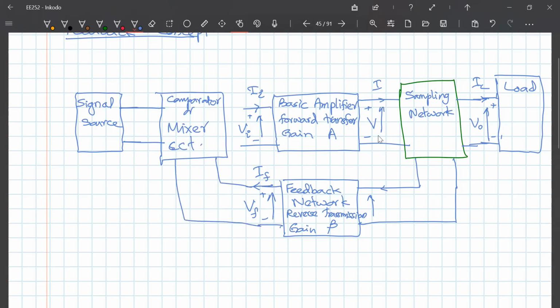Now in doing so, there is one important thing that we need to remember. We mix it in such a way that it reduces the input to the basic amplifier. So without the comparator, the signal from the source is directly fed to the amplifier.